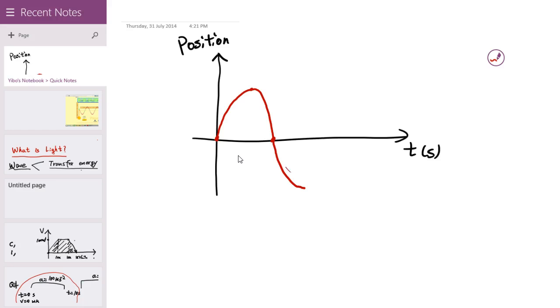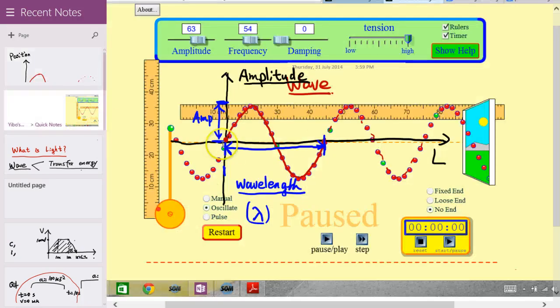Then it moves further down, then moving up, returning to its original point. Then it will do the same thing again and again over a period of time. In this graph, it looks similar to what's here, but just mind the horizontal axis is different.